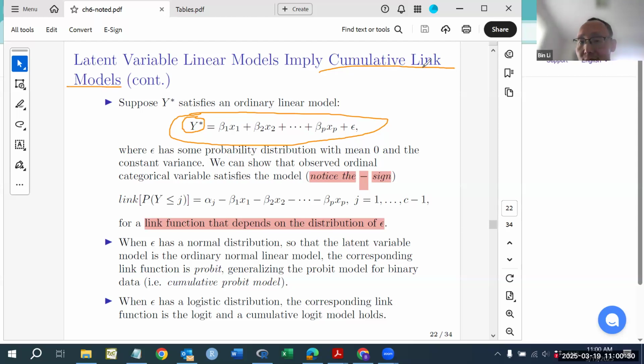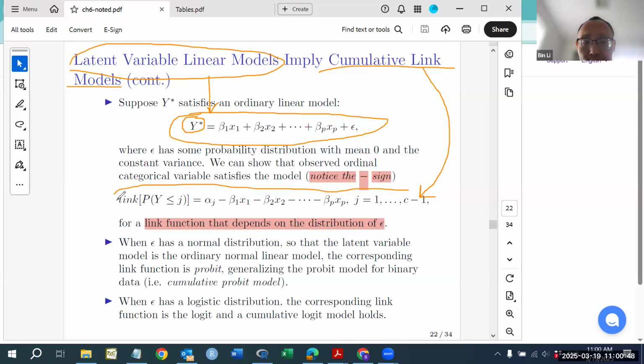The cumulative link model is this one. So the latent variable linear model is this one. Make sure you know this. So are they the same? No, you can see they are not the same. But is there any relationship? Yes. And here is the tricky part.